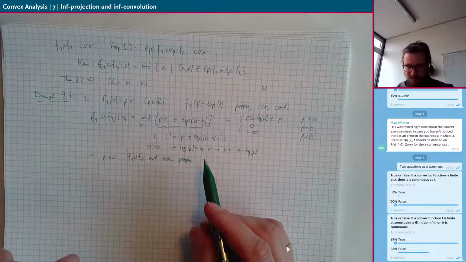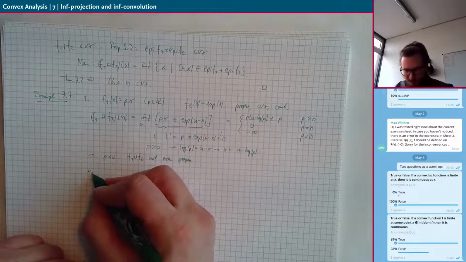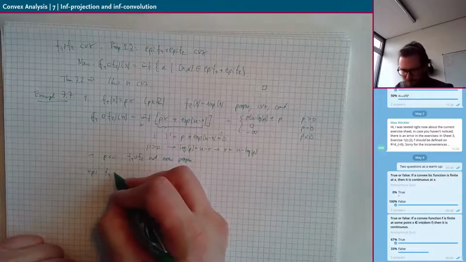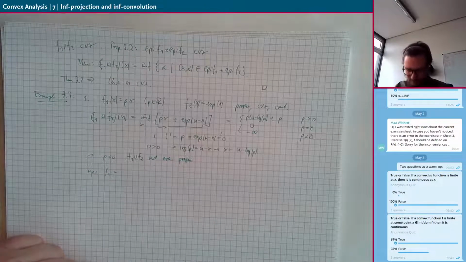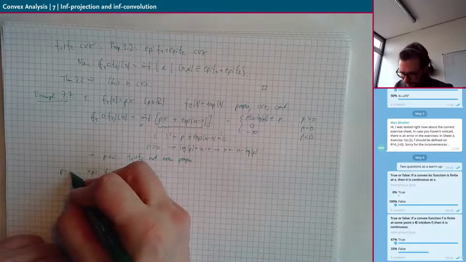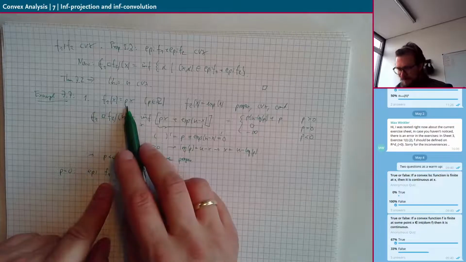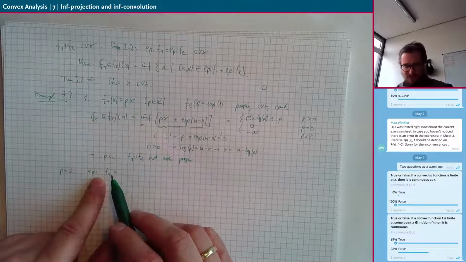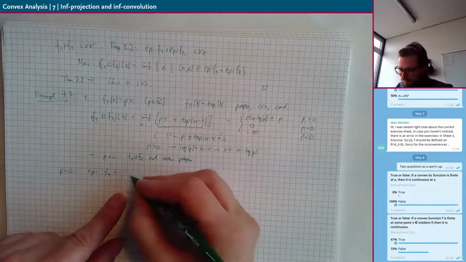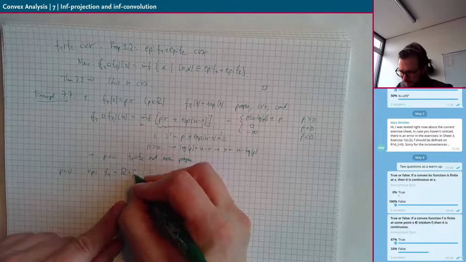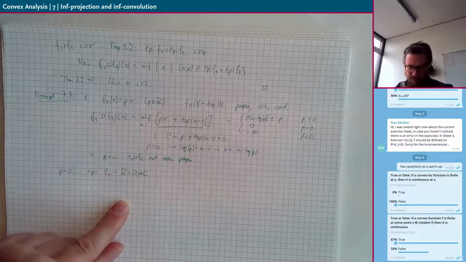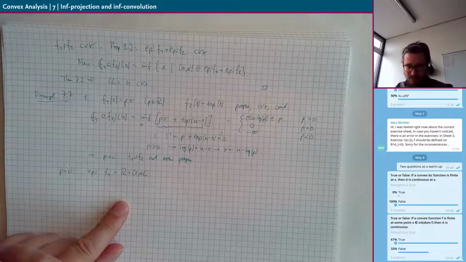You can also consider the epigraphs. So the epigraph of f1, let's consider only the case p equals 0, because then it's all very simple. If p equals 0, this is the constant zero function. The epigraph is everything which is non-negative, which means this is the real line times the non-negative numbers.